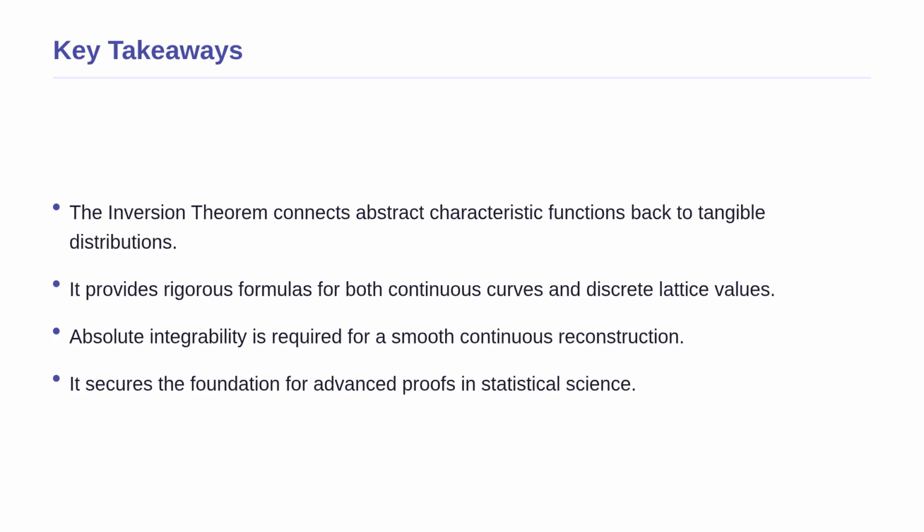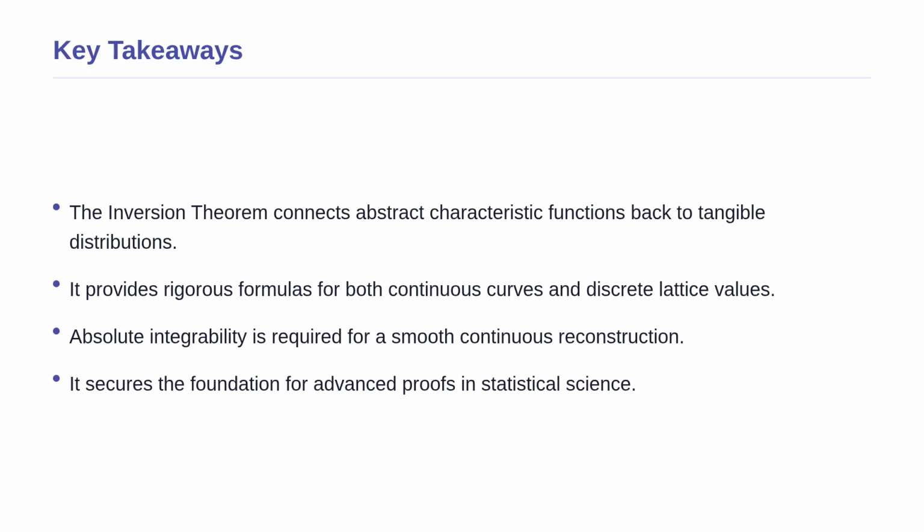Let us summarize what we have learned today. The inversion theorem is the essential bridge that connects abstract characteristic functions back to tangible probability distributions. Whether you are dealing with smooth, continuous curves or jumping discrete values, it provides a rigorous mathematical pathway to recover lost information.